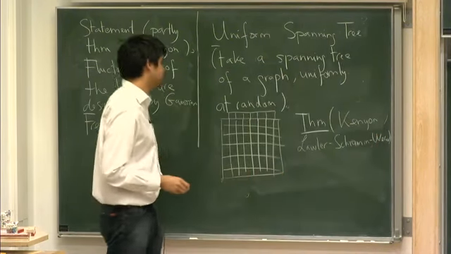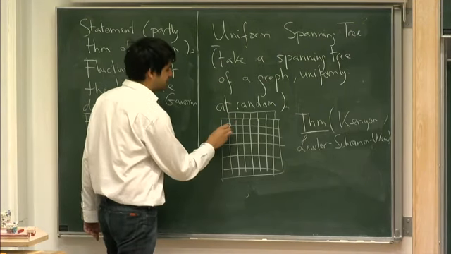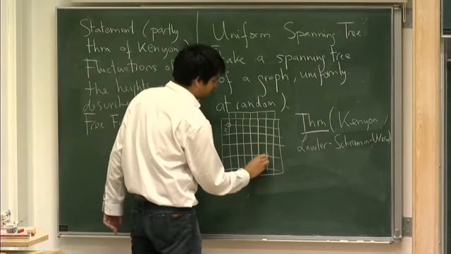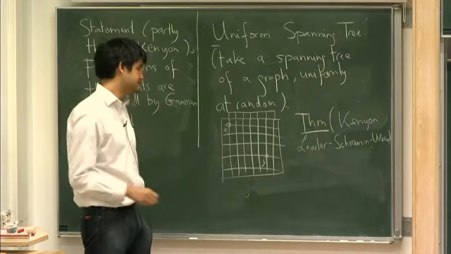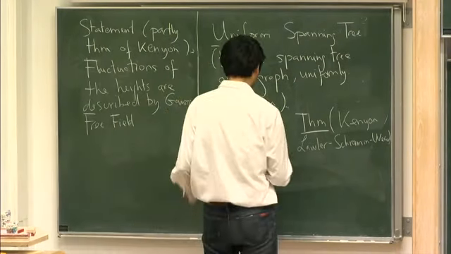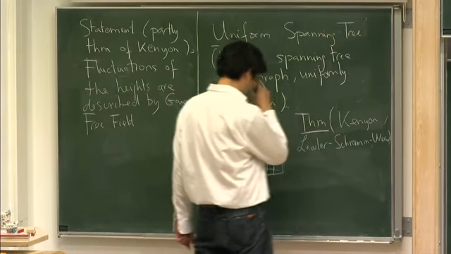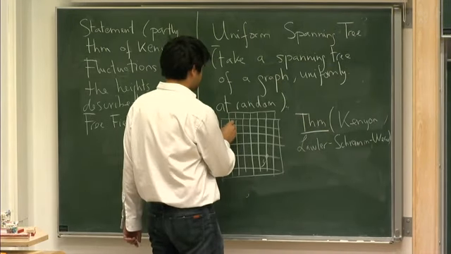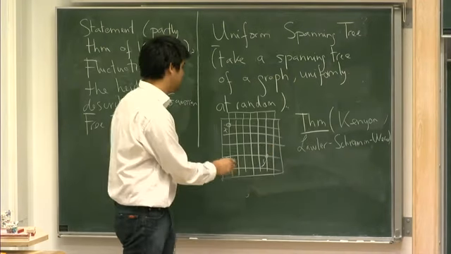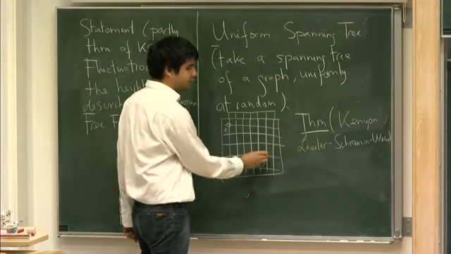So, very simple question you can ask. Now you take a point x here and a point y here, far apart. And you ask the question: what is the length of the unique path that goes from x to y?